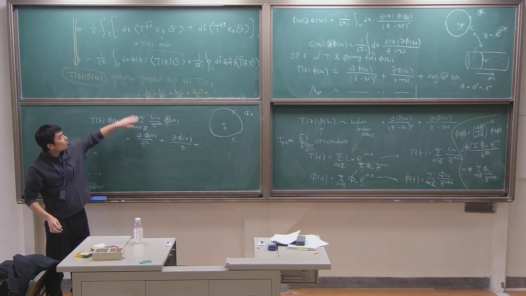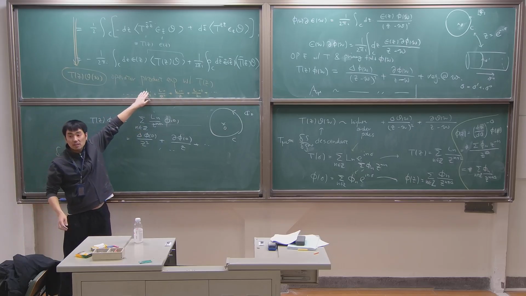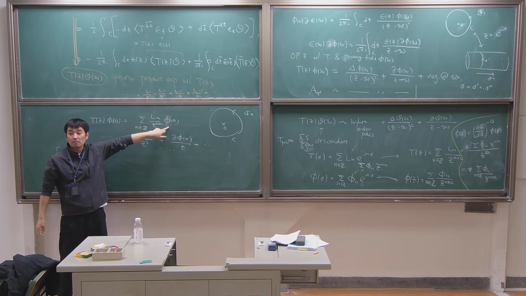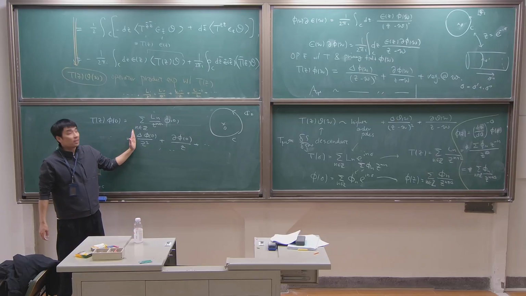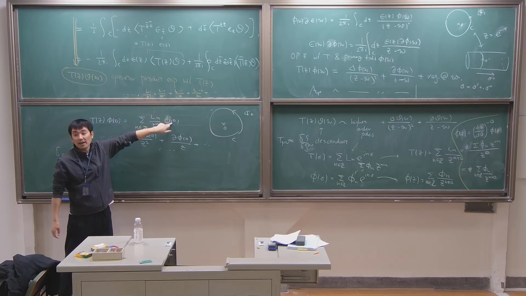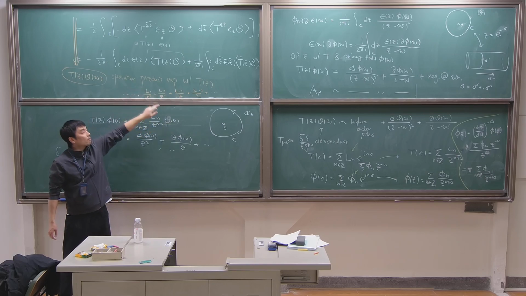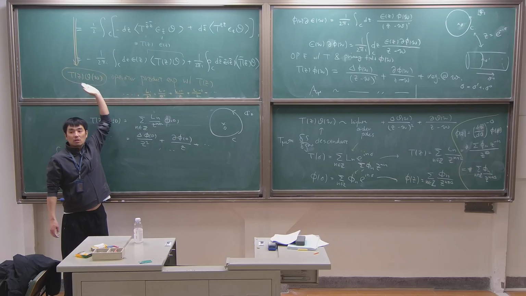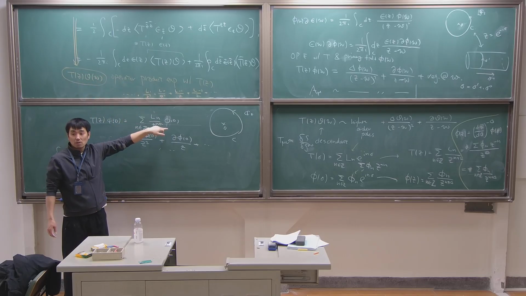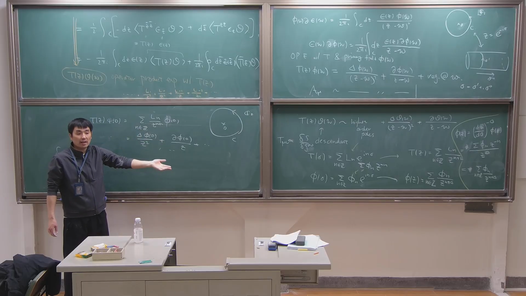And compare between this OPE and how this mode acts on operator phi. It translates to: the z^2 term means that L1 acting on phi equals 0. L2 acting on phi equals 0.